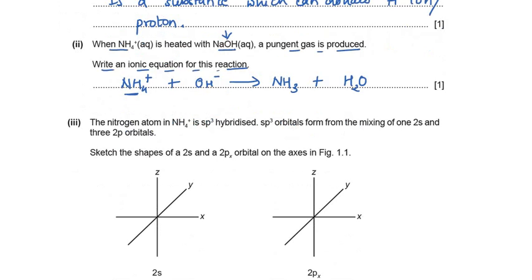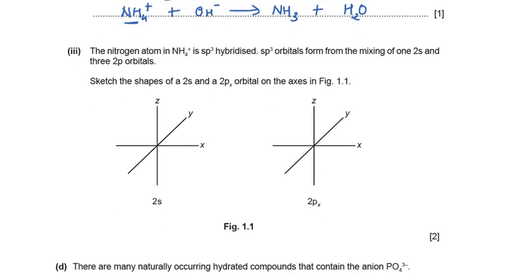Let's go ahead with the next sub question. Here it says the nitrogen atom in NH4 plus is sp3 hybridized. sp3 orbitals form from the mixing of 1 2s and 3 2p orbitals. Sketch the shapes of 2s and 2px orbital on the axis given in figure 1.1.